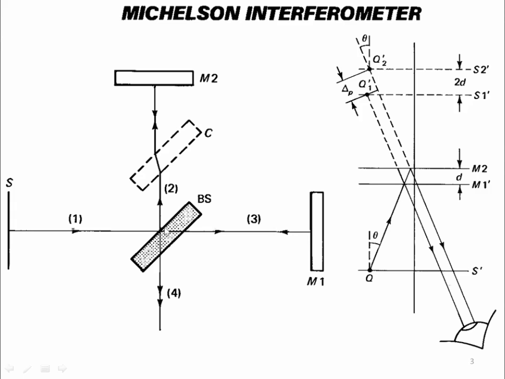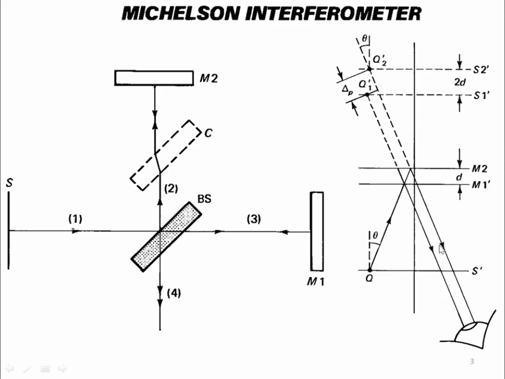Because this path and this path differ only by d, the path of 3 and the path of 2 differ only by 2d. So this one is the reflected beam coming from M1 dash. So we can say this is sort of 3, coming from reflection from mirror M1.